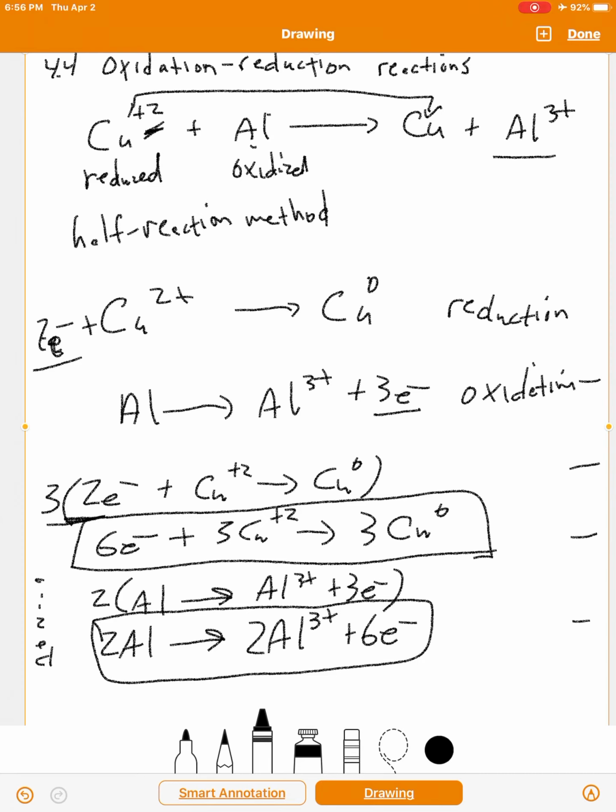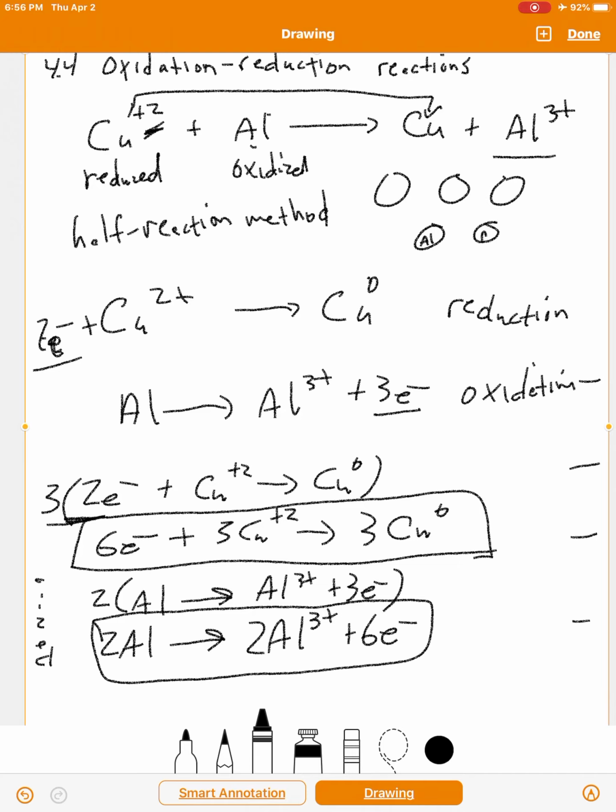Remember, physically what's happening is the copper is ripping electrons off the aluminum. So if the copper is going to rip off 2 electrons, but the aluminum is going to have 3 ripped off, what happened to that extra electron? The answer is, essentially what occurs is 3 coppers and 2 aluminums react.